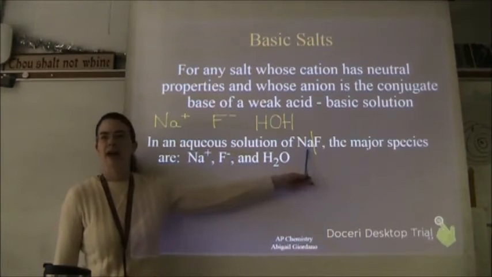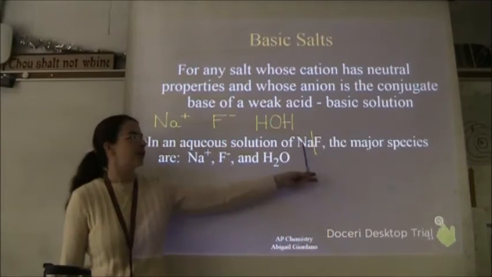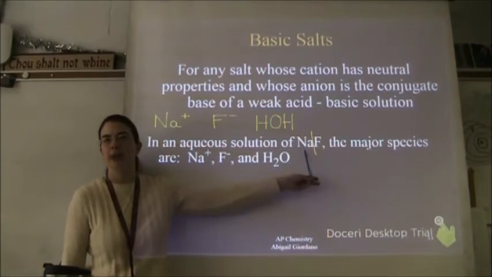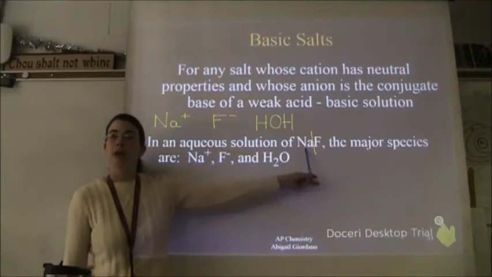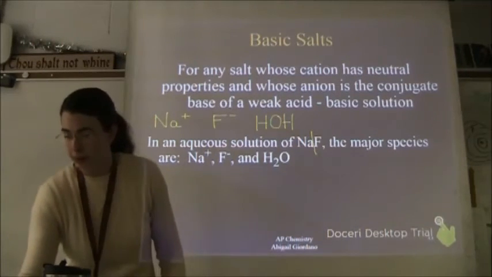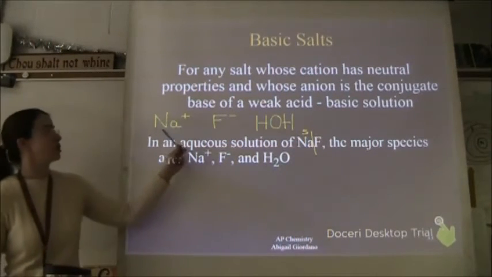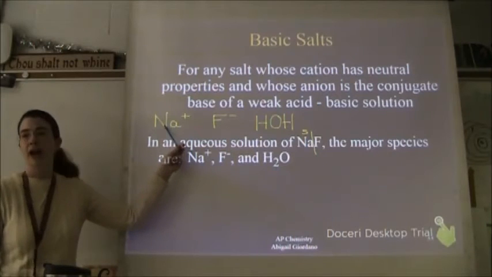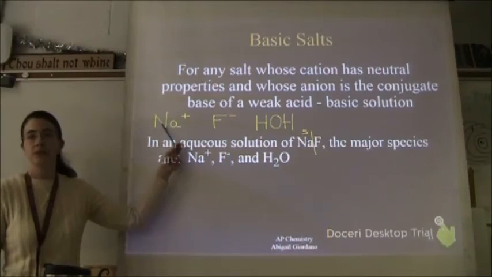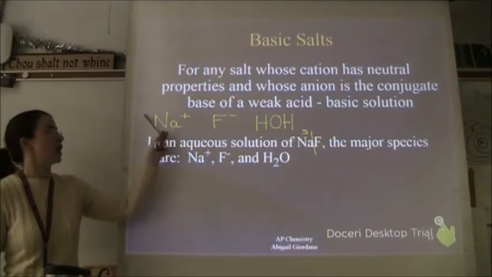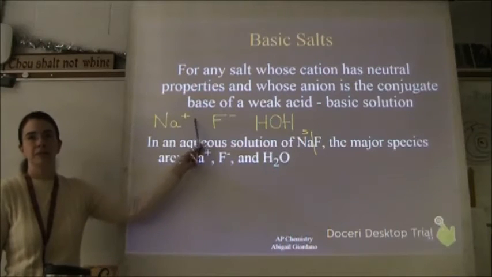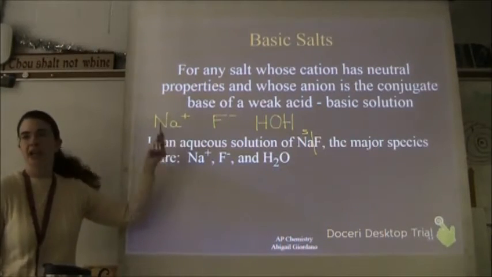Start with the cation. Cations form possible bases. What possible base? NaOH. Strong or weak? Strong. I'm going to put a little S above it. Now, if it forms something strong, what does it mean about that ion? Will it react? No. So this is a what kind of ion? Spectator. It's not going to do anything.